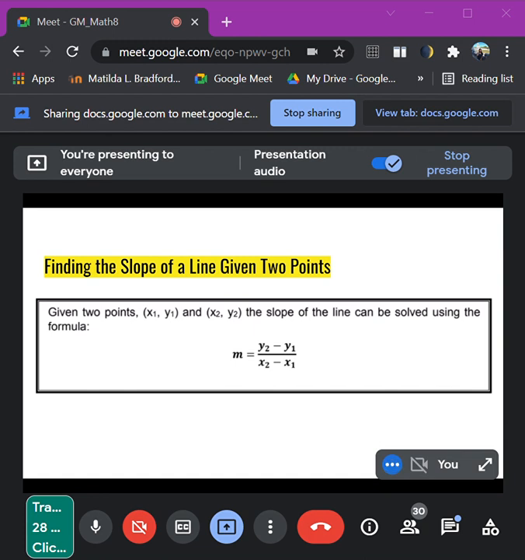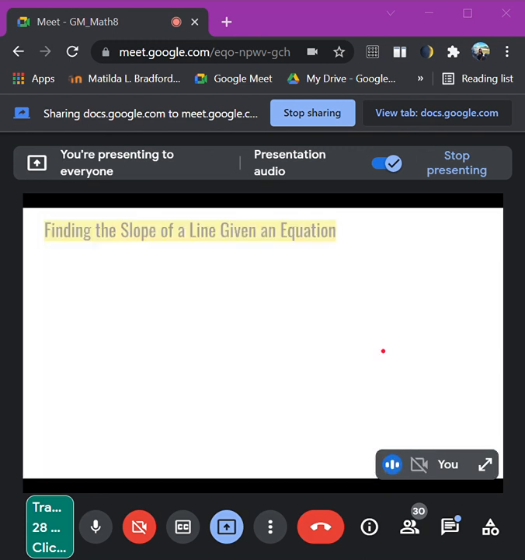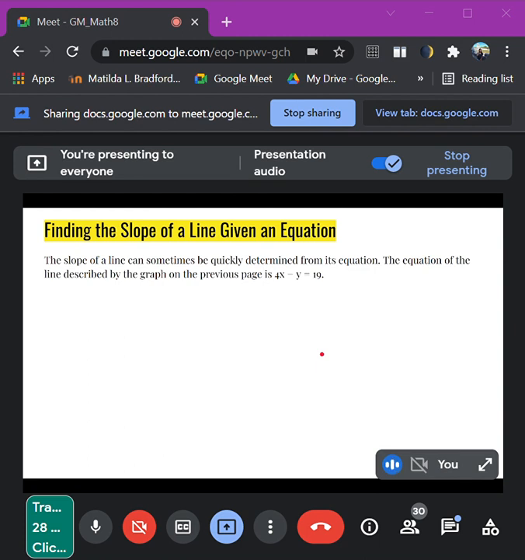Okay. So, now class, we are going to have the next one. Kung ganina kay 2 points ang gihatag, di ba? 2 points or 2 ordered pairs ang gihatag. Now, this time we're going to have finding the slope of a line given an equation. So, equation na pod ang ihatag. So, unsaon na pag-solve? Remember that here, we can also get the slope quickly determined from its equation.